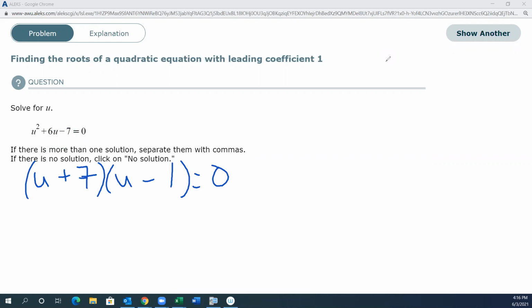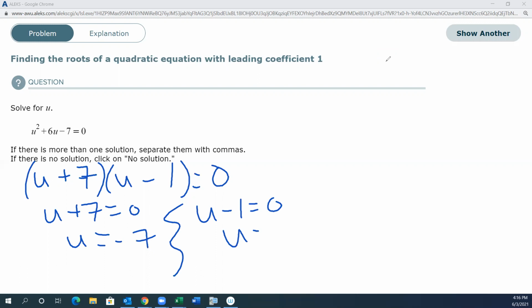So it's cool. And now that it's factored, using what we've learned, I can set each factor equal to 0, and I get -7 and 1 for my two solutions. So if it's not factored for you already, you have to factor it.